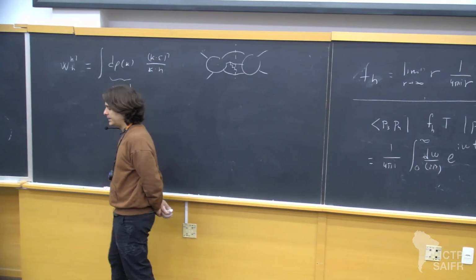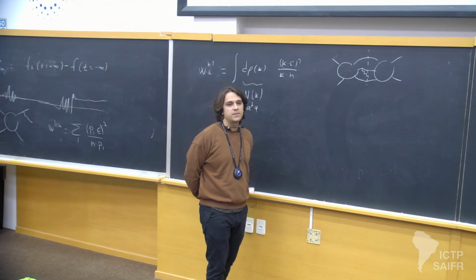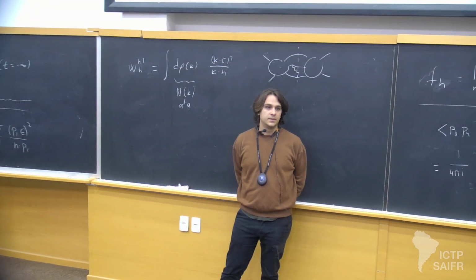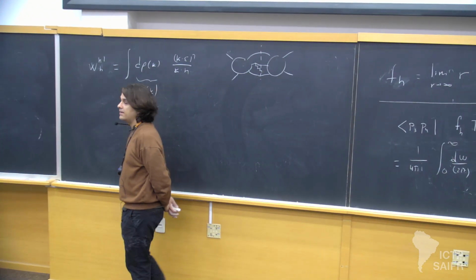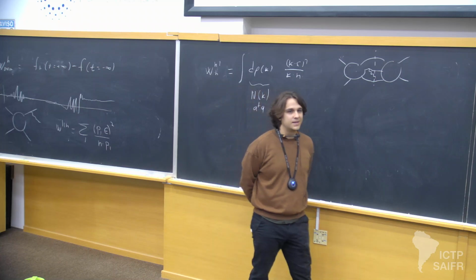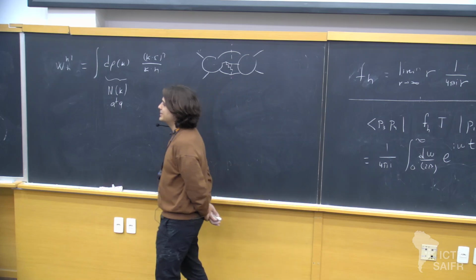But in the post-Minkowskian expansion, so weak field but all orders in velocity, the only results that were available were at the 2nd order, so just G squared, right? And now we are at G to the 5 for most things. So these methods have really pushed the state of the art. And it's for various technical reasons.